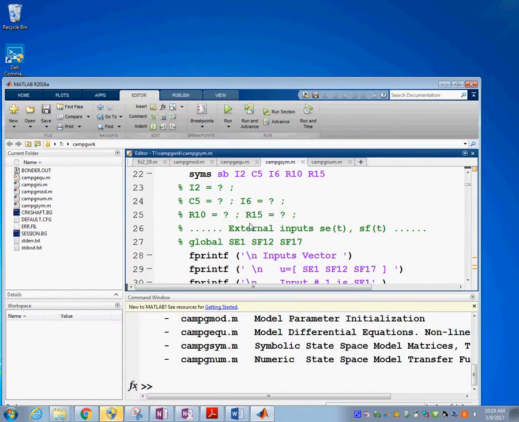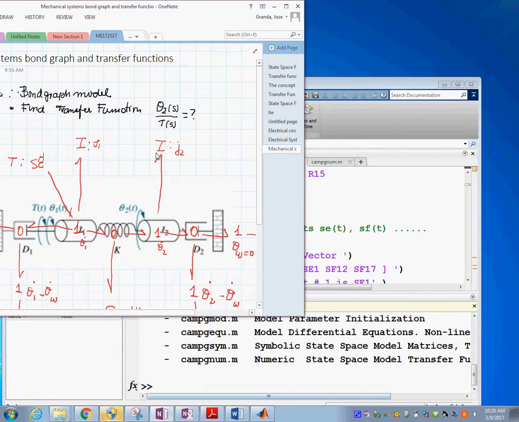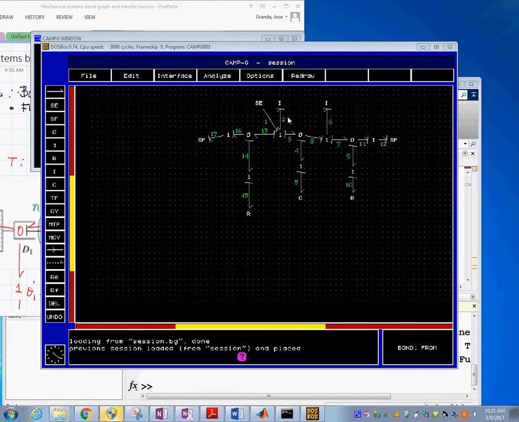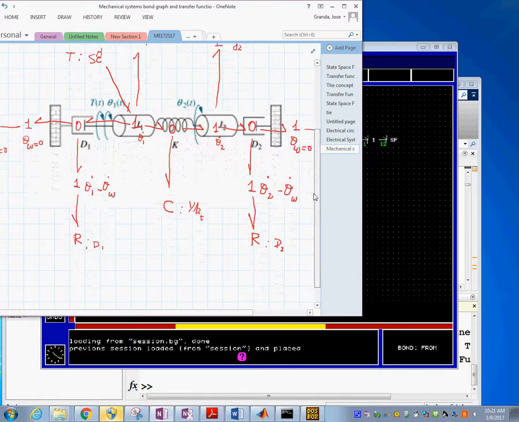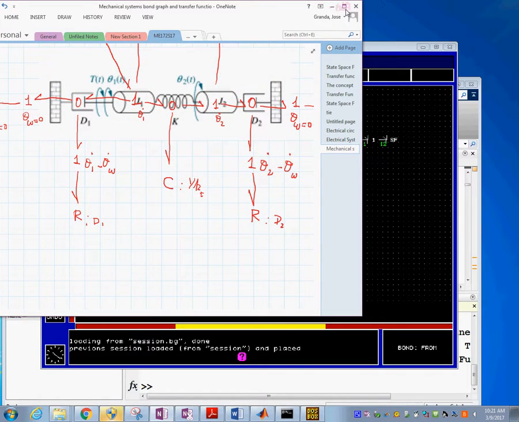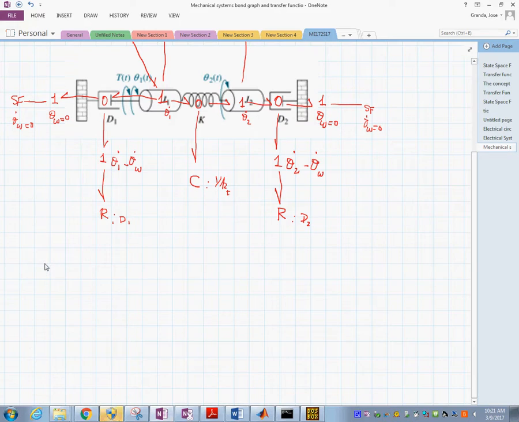In here, our objective is to get the number 6, I believe, which is the bond for theta 2. We can extract this bond graph and put it into our nodes next to the one that we have, and we see exactly what we need in terms of the output.